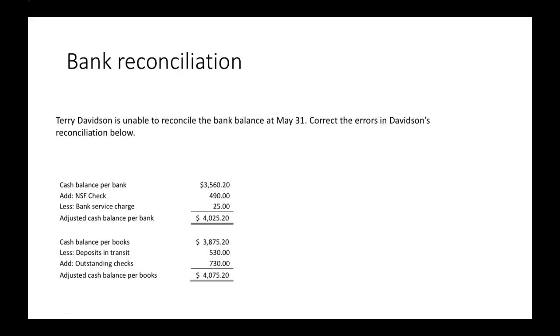So what Terry did was put the adjustments into the wrong sections, right? So that NSF check, it's not supposed to be added on the cash balance per bank. Deposits in transit are not supposed to be subtracted from the per book side, right? So we need to move those around to fix this bank reconciliation.